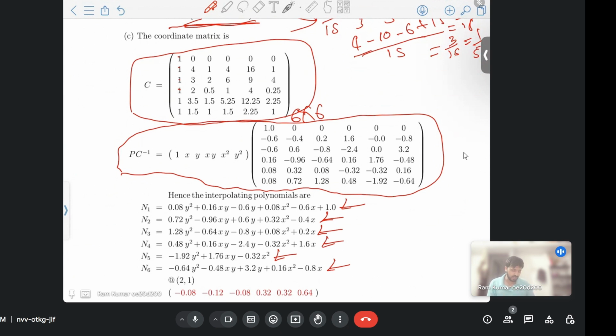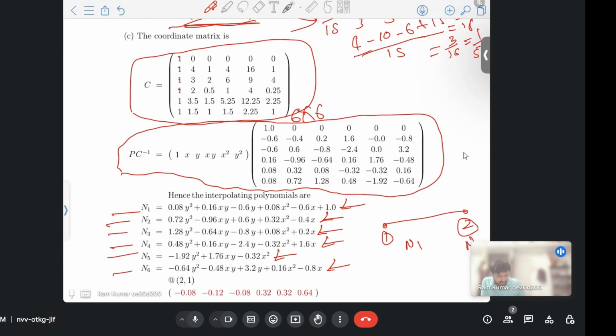For example, if I have only a 2 node element, I will get only 2 interpolating polynomials, N1 and N2. If I have n nodes, I will get n interpolating polynomials, or shape functions.